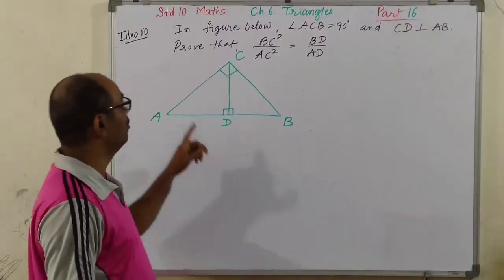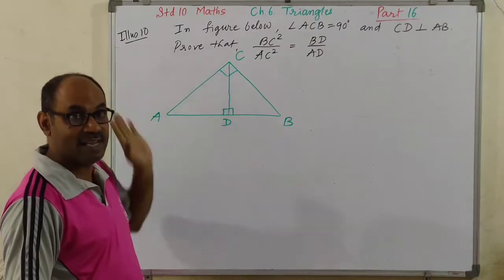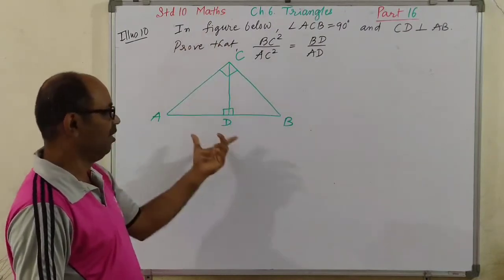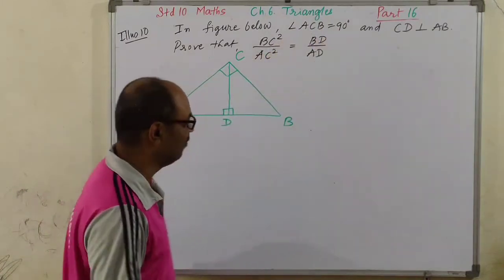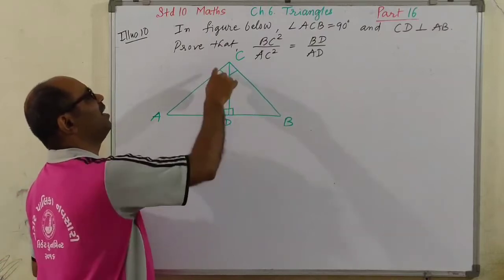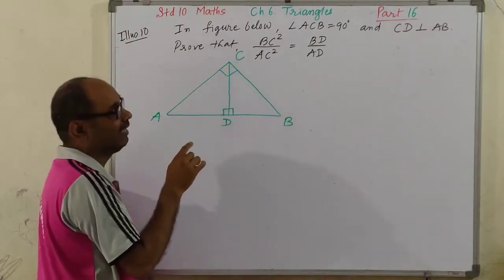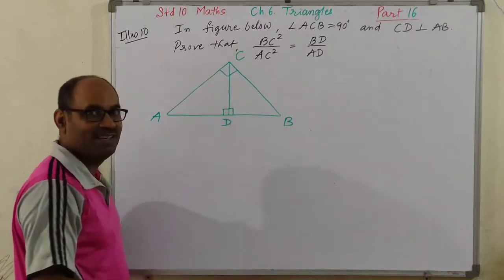So let us move on to the next illustration, that is illustration 10. Let's see the statement. In the figure below, here is the figure. Angle ACB is 90. It's a right triangle ABC where angle C is the right angle and CD is perpendicular to AB.